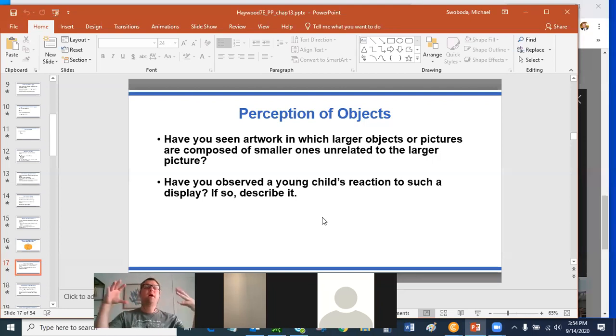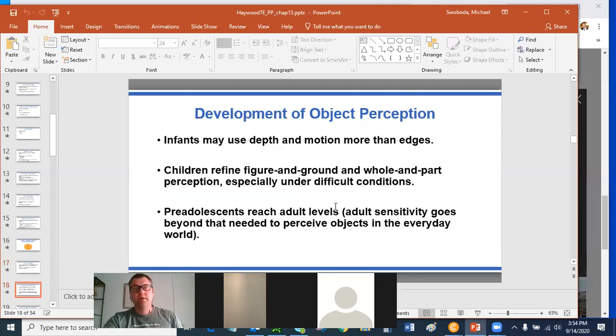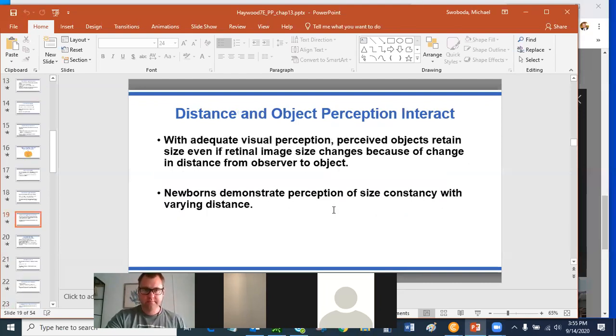Yeah, he draws them much bigger than what they are because his perception right now is that everything is so much bigger than what it actually is. So when kids first start drawing, they're going to have this gigantism kind of approach to it because that's how they perceive most everything.